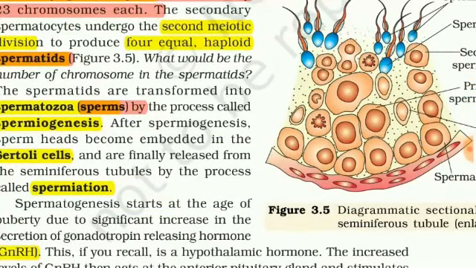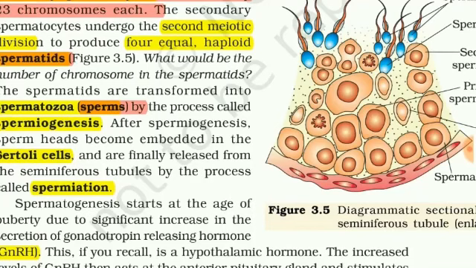Look at the diagram. The last layer, the bottom layer, is known as the spermatogonium. The spermatogonium is 2n, diploid, containing 46 chromosomes.